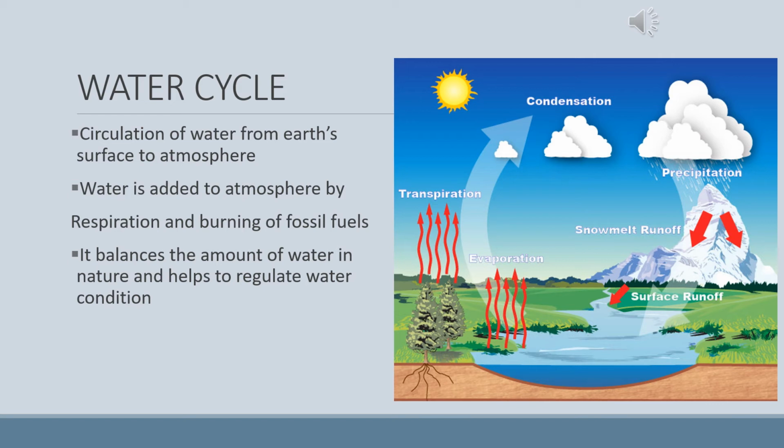So that is how the water is circulating from the earth's surface into the atmosphere as water vapor by evaporating, and then again the water vapor will condense into clouds, and when the clouds get very heavy, they will come down by the work of gravity as rain or precipitation, which will again fill up the water bodies of the earth's surface. So it balances the amount of water in nature and helps to regulate the water condition.